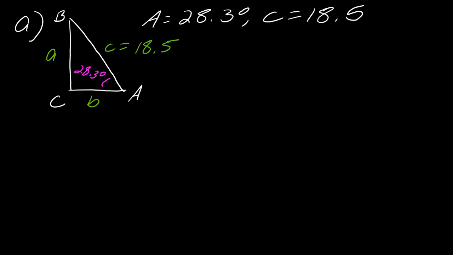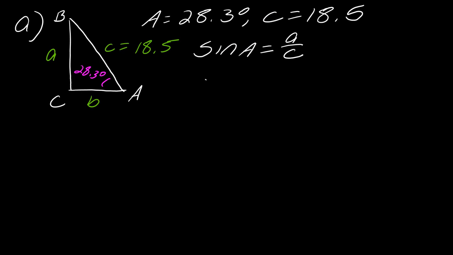So where we're going to start is we're going to use sine of A equals a over c. So notice what this does. This allows me to use the given angle and then to use c, and this is going to get me my most accurate little a that I can.